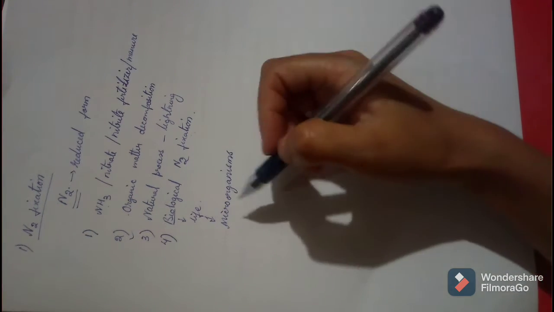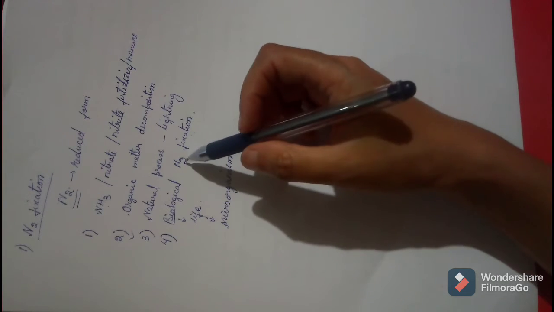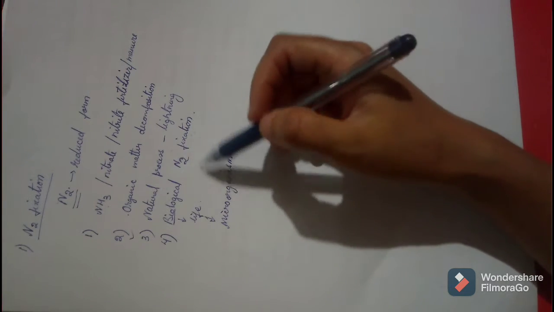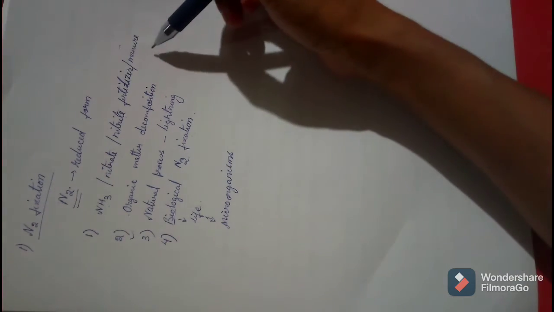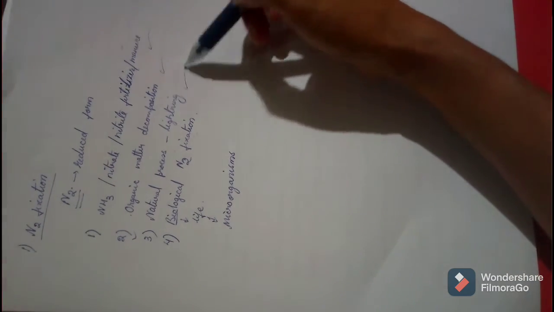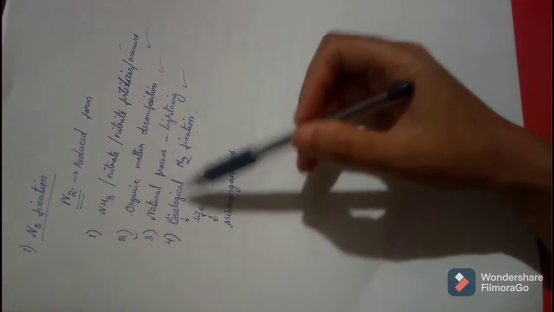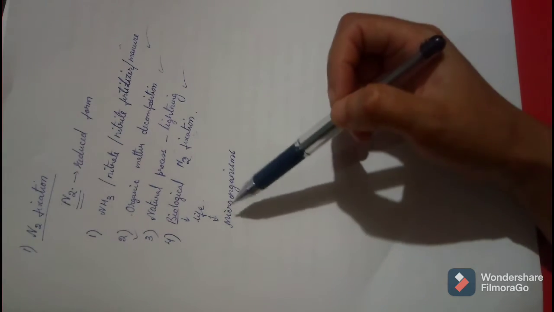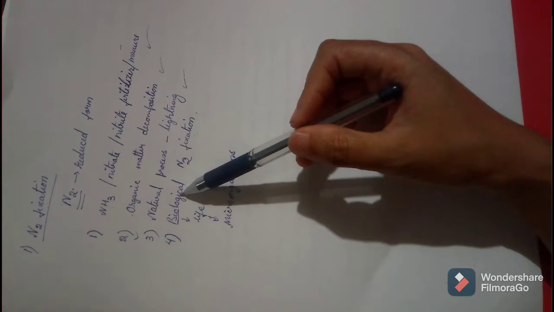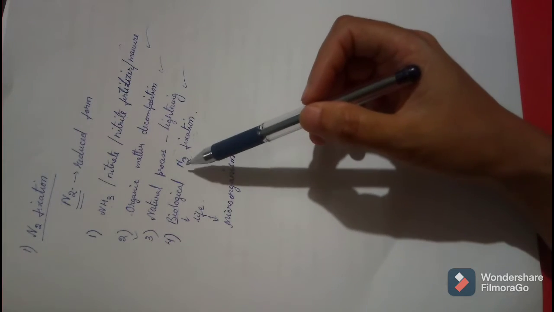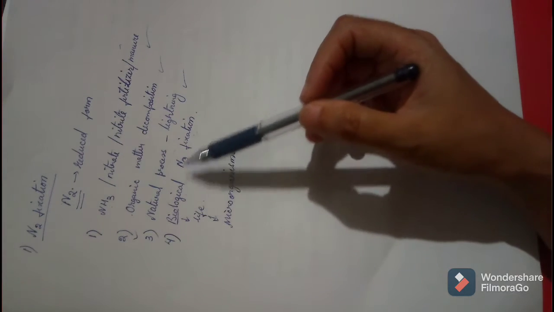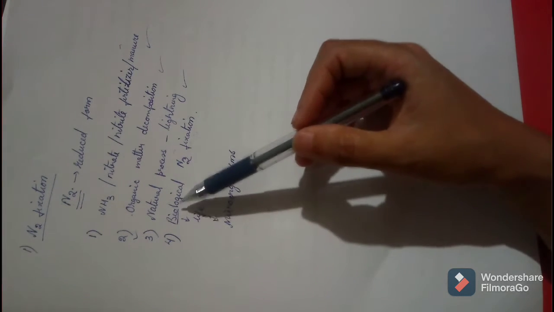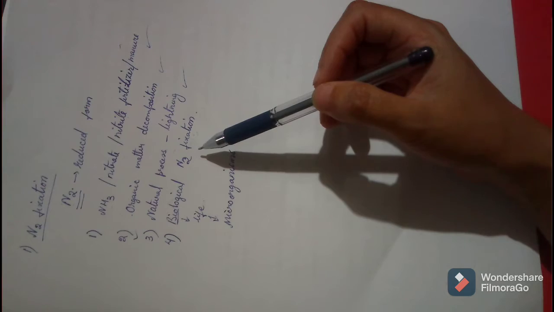It is these microorganisms which help in this nitrogen fixation process. I will just explain the role of the microorganisms in fixing the nitrogen. So we will talk about this one, the biological nitrogen fixation.